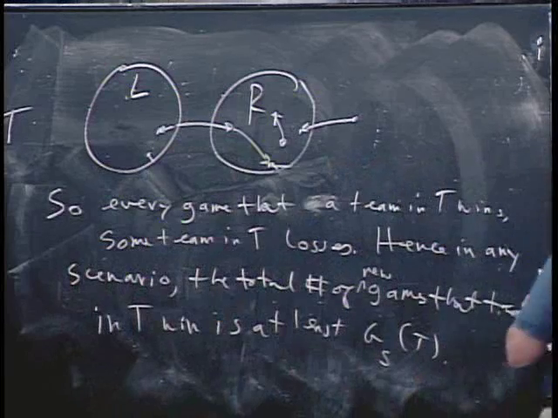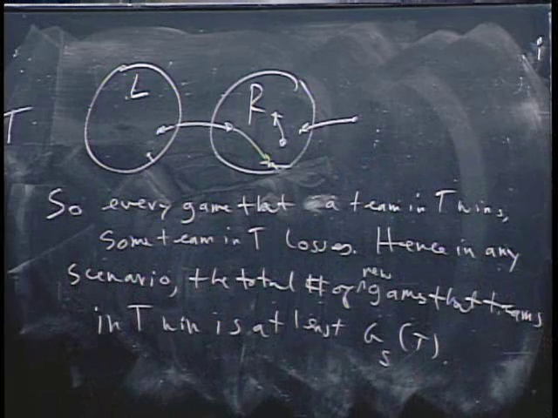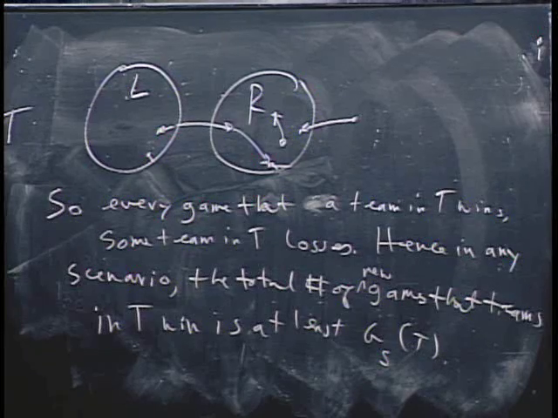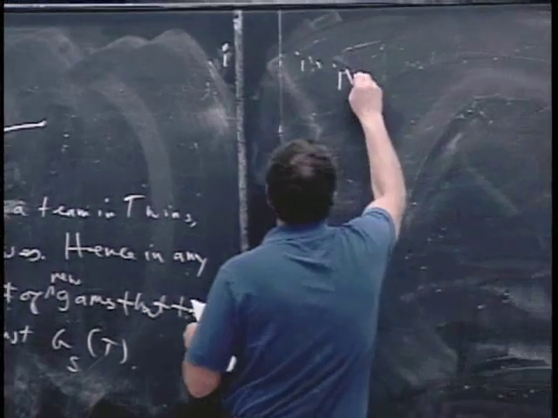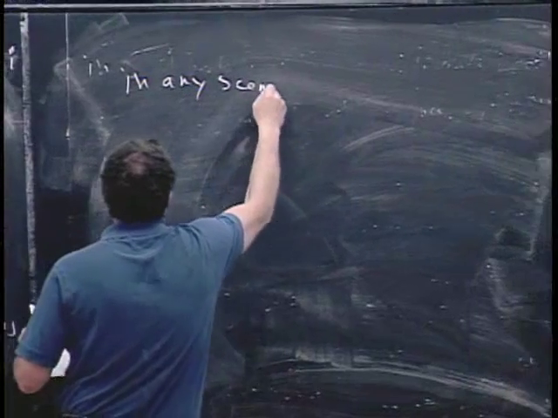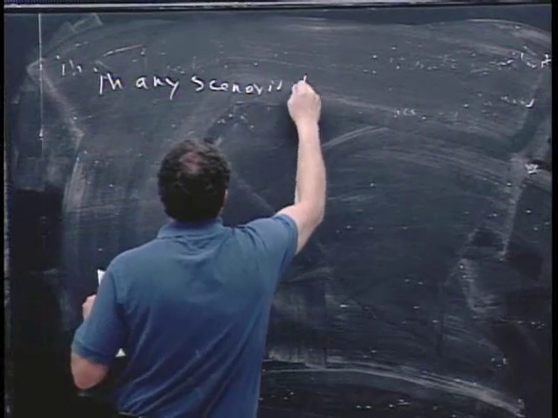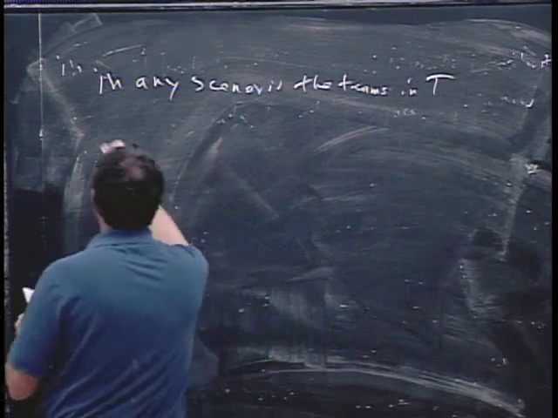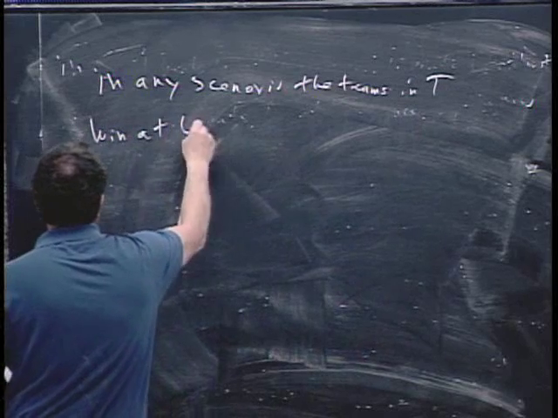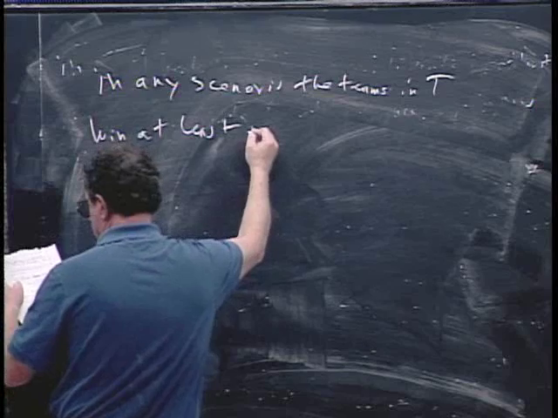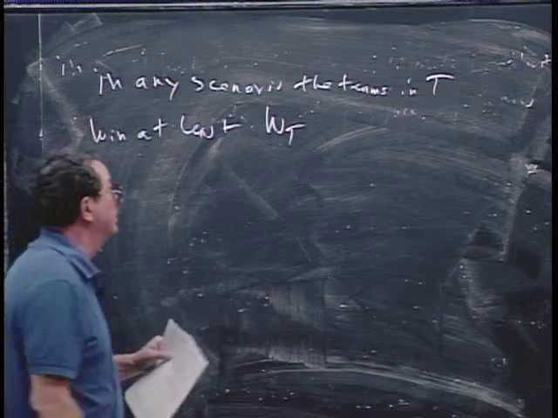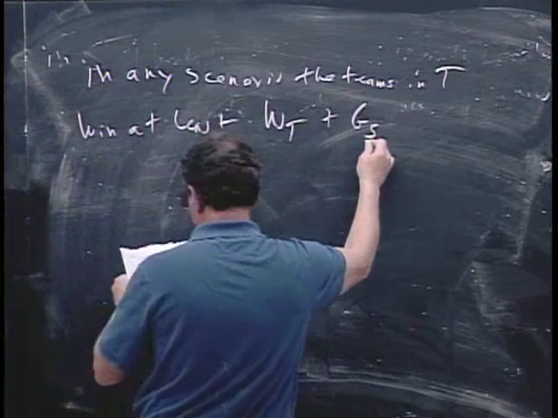All right? So in any scenario, I'm racing against the clock, I've got 9 minutes, I'm going to make it. In any scenario, the teams in T win at least what they had won before the scenario begins, WT, plus GST.